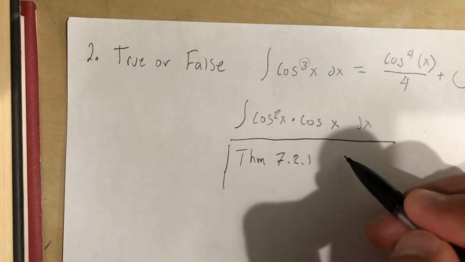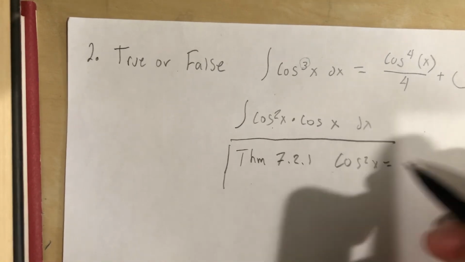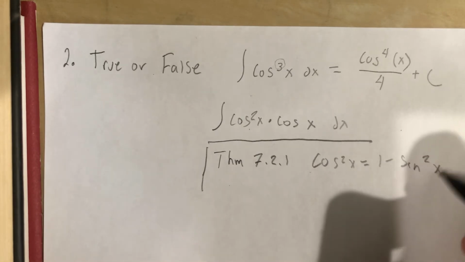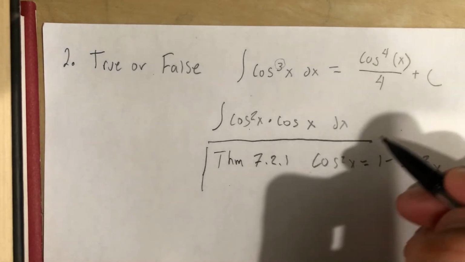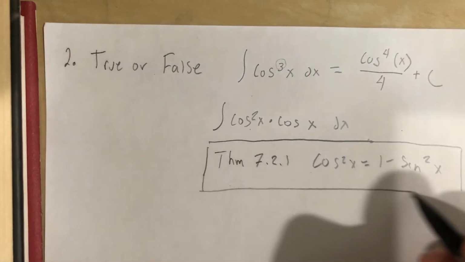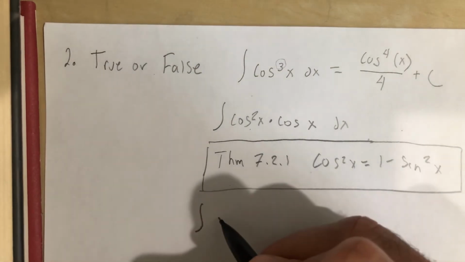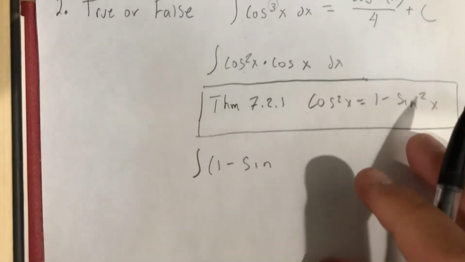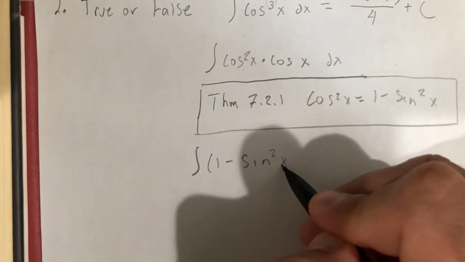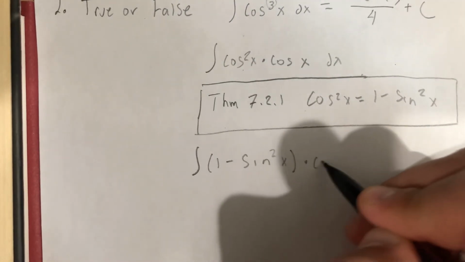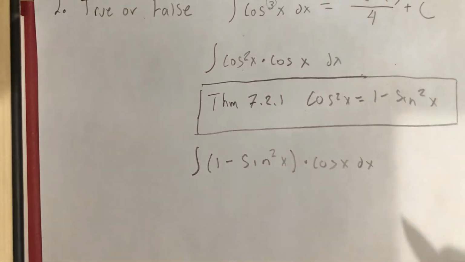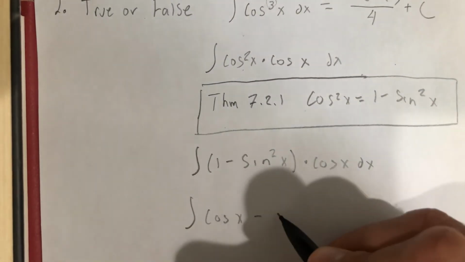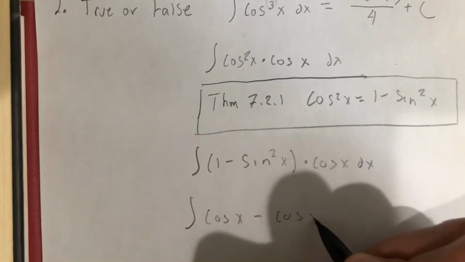And that is cosine squared x is equal to 1 minus sine squared x. So we'll do that here. We'll do 1 minus sine squared x times cosine x dx, and we'll distribute in that cosine, so we'll have cosine x minus cosine x sine squared x dx.